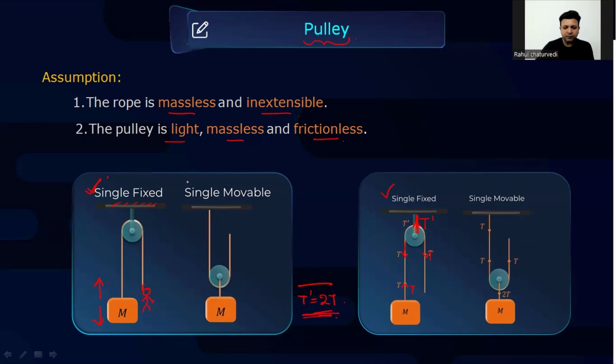Second is single movable pulley. So again, a single pulley, and it can actually move. Since the pulley can move, you can say that the tension here is T and again T. Weight is acting in the downward direction.